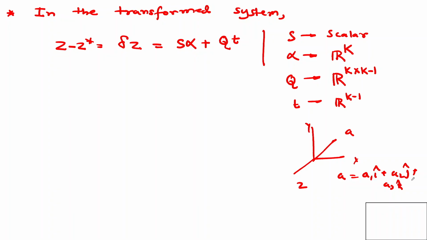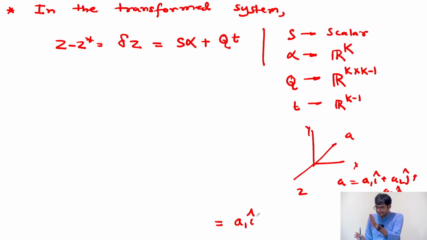Now can I not write it as A1 i cap, which I will keep as it is, and the other two I am going to combine. So let's say I am in XYZ. What is i cap? 1 0 0. What is j cap? 0 1 0. K is 0 0 1. This second and third I will combine. So what will I get?